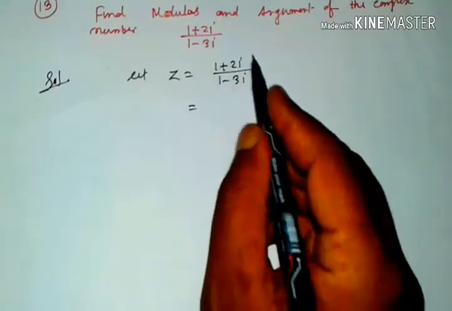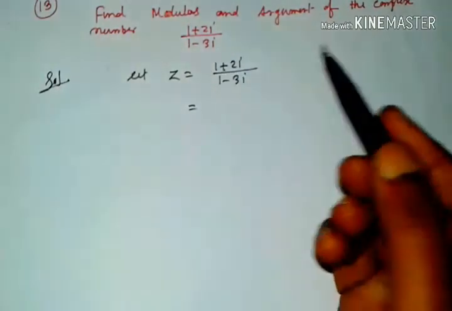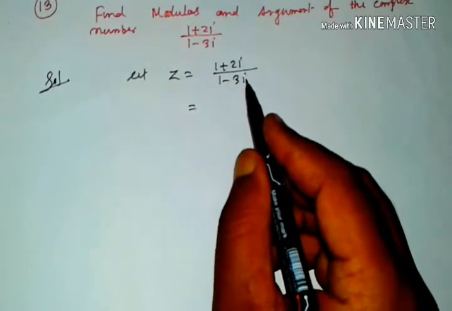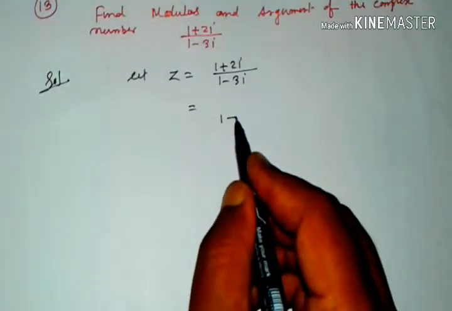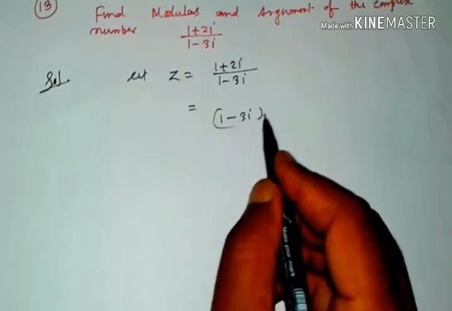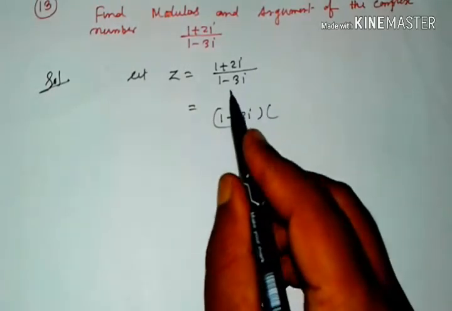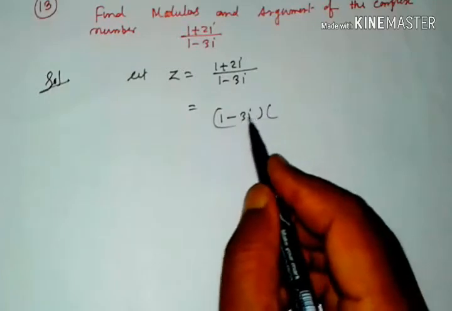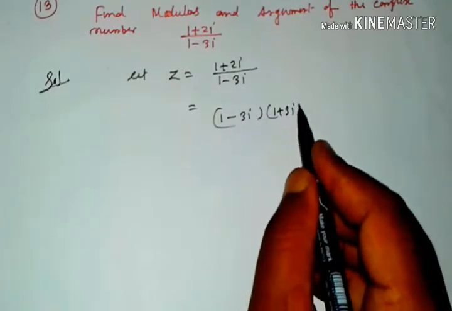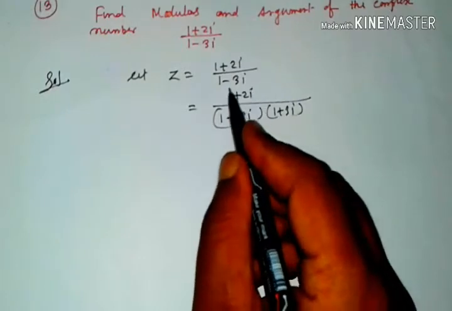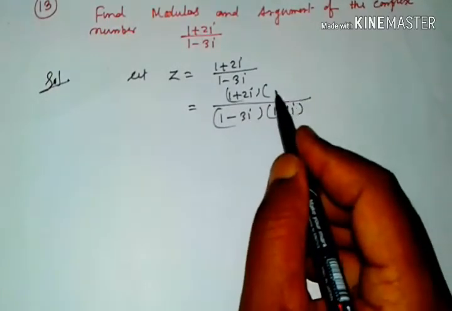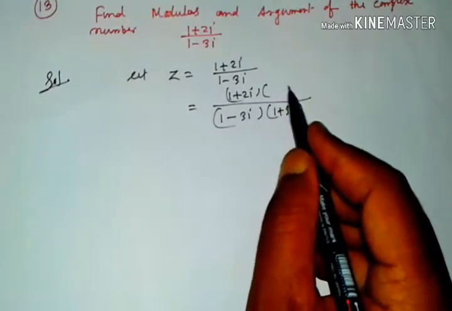It is not in the a plus ib form, so we have to make it a plus ib form. Therefore, to make it a plus ib form, we have to multiply the denominator by its conjugate. The conjugate of 1 minus 3i is 1 plus 3i.